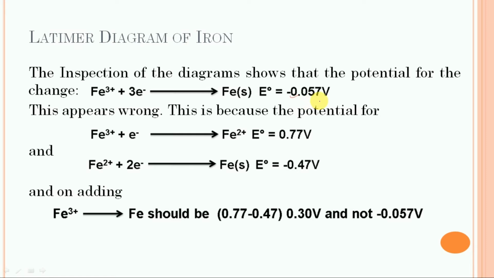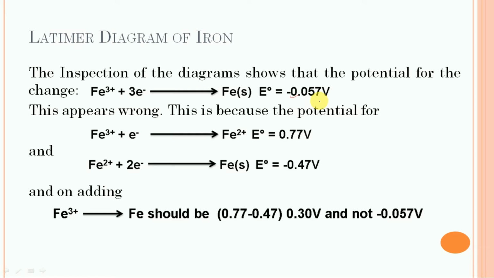So it may be noted that potentials may be added only for complete reactions, because there are no electrons left over in the process, but potentials may not be added for half reactions because the electrons may not balance.